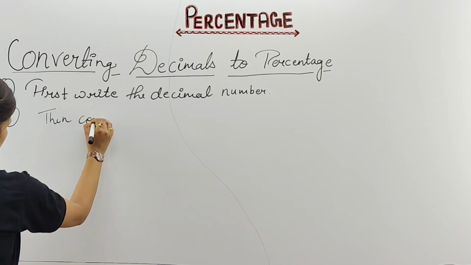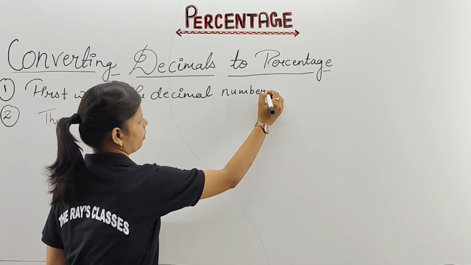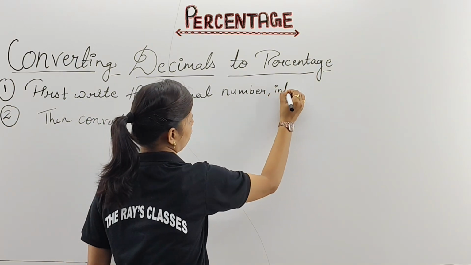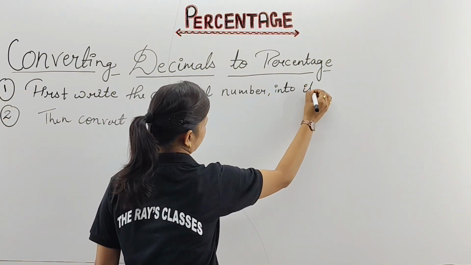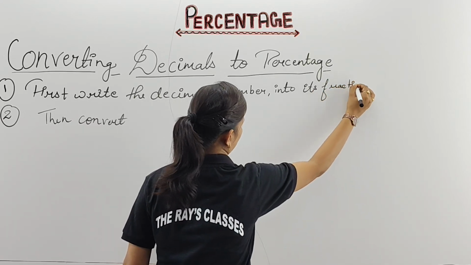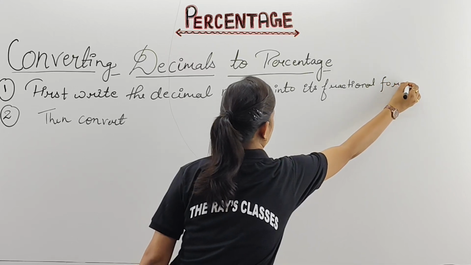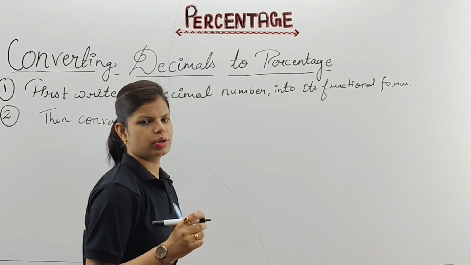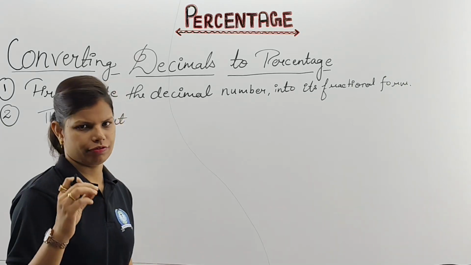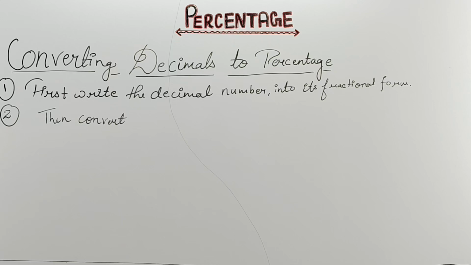Then convert, here you can add one line, into its fractional form. You can add this line. Clear? Fractional form means, like the previous one we have taught, 17 upon 100, in that form we have to write. Then convert the decimal. We have to convert the decimal.